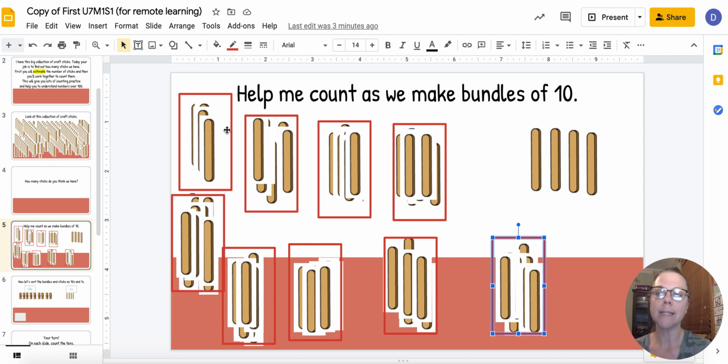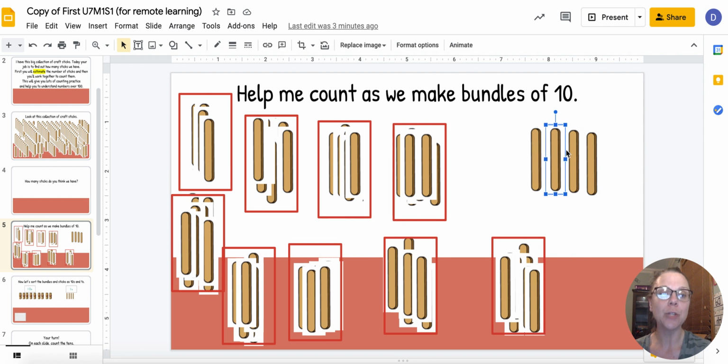So I'm going to count by tens again. 10, 20, 30, 40, 50, 60, 70, 80, 90. And now I'm going to count by ones to see how many more than 90 I have. 91, 92, 93, 94. 94 sticks altogether.